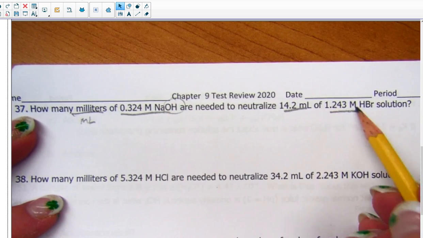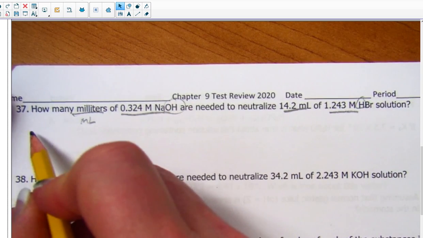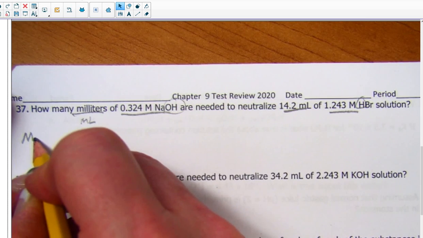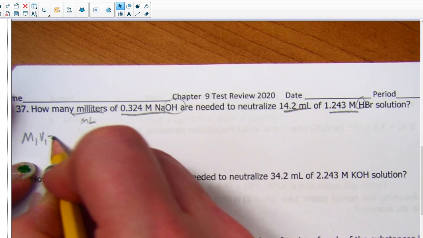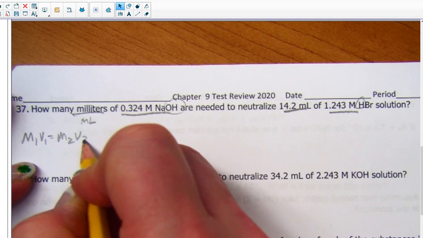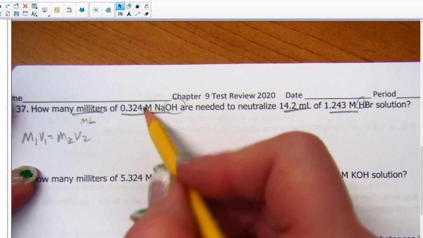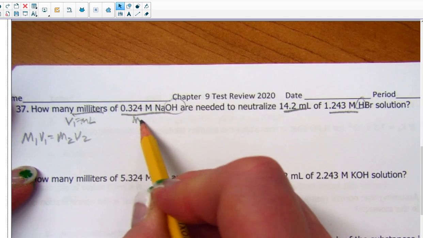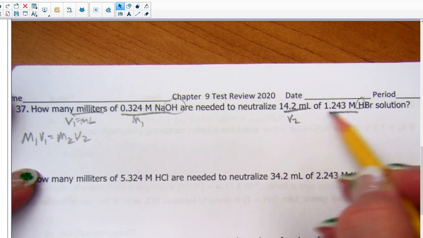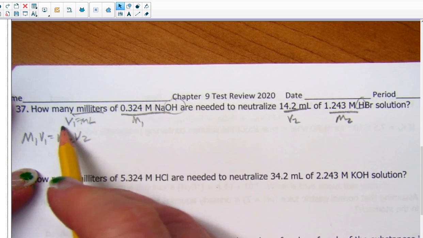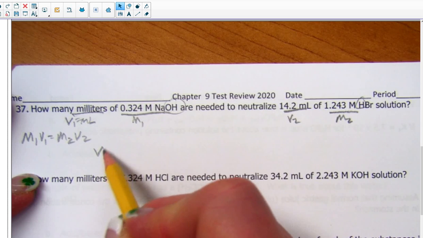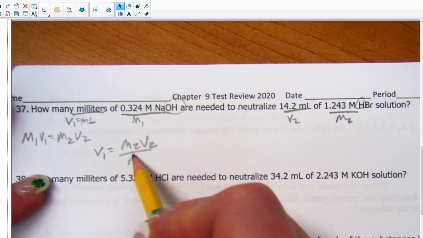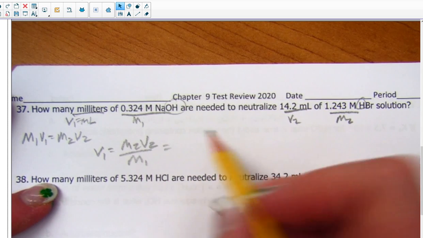So it's a 1-to-1, so I can go ahead and use C1V1 equals C2V2, or here MA1V1 equals M2V2. Plugging in, we'll call this one V1, this one M1, this one V2, and this one M2. So I'm looking for V1. Rearranging, V1 is equal to M2V2 divided by M1.